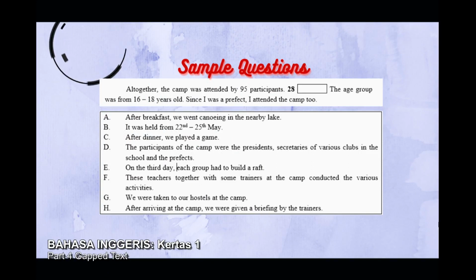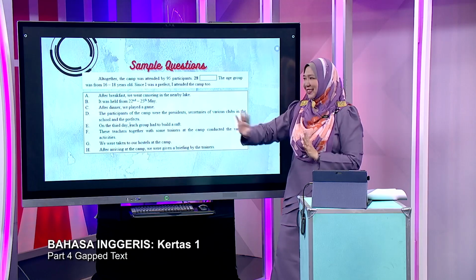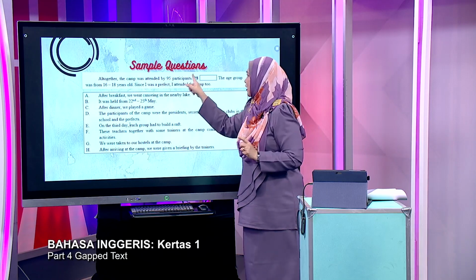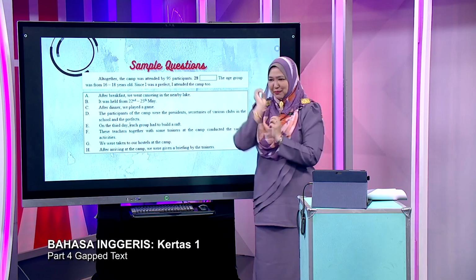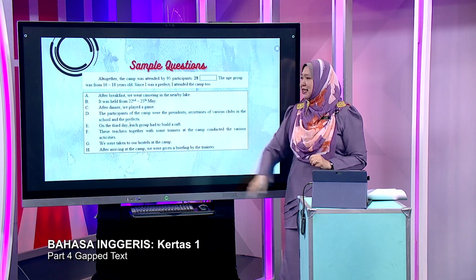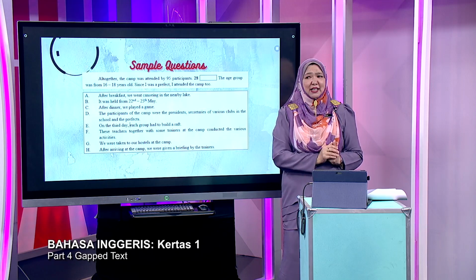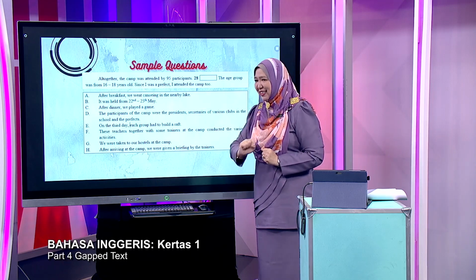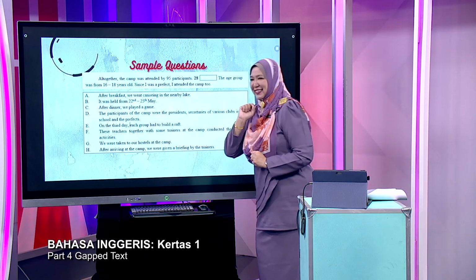So here, what is the clue that you can use? The camp was attended by 95 participants. So, do you have participant in the options of the answer? It will be D. That's right.